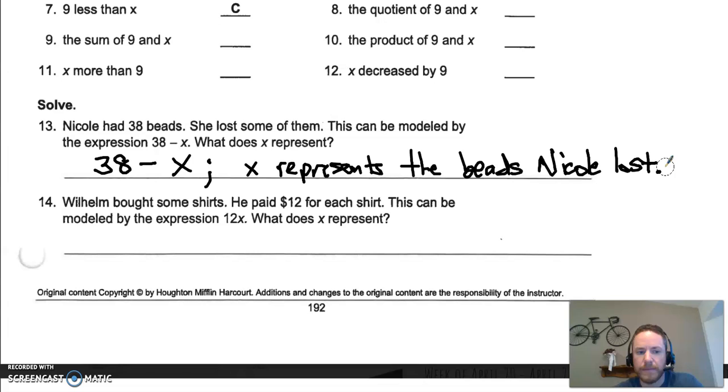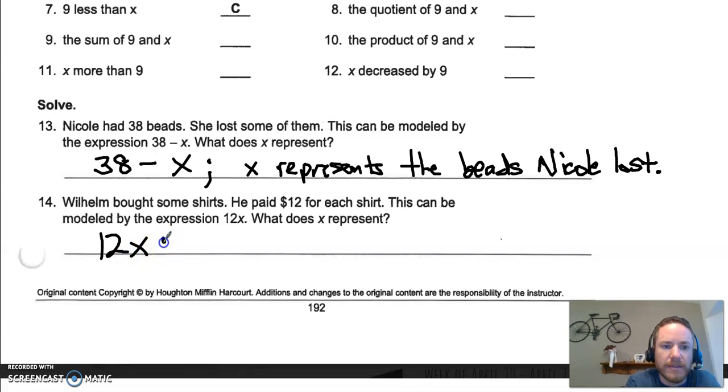Okay, we're on number 14. Wilhelm bought some shirts. He paid $12 for each shirt. This can be modeled by the expression 12x. What does x represent? Well, the 12 part of 12x is the $12 right here. But what do we not know? What we don't know is how many shirts.